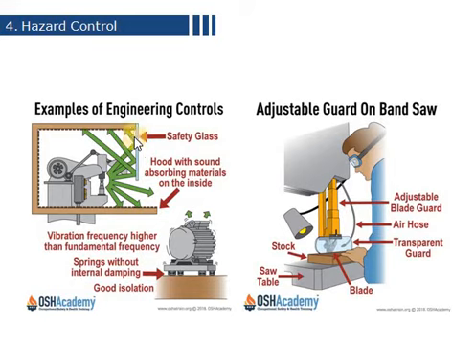So this is considered a guard. Here as well, this is a hood with sound absorbing material to minimize noise, which is considered also a hazard. For the vibration, we can install some springs that would isolate these vibrations.